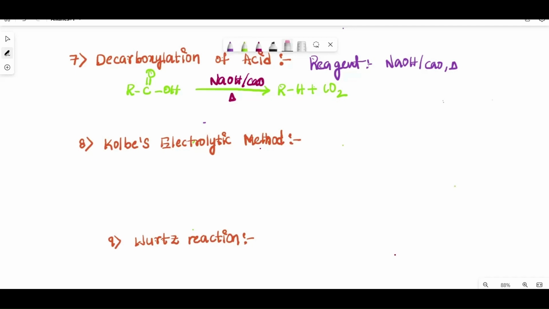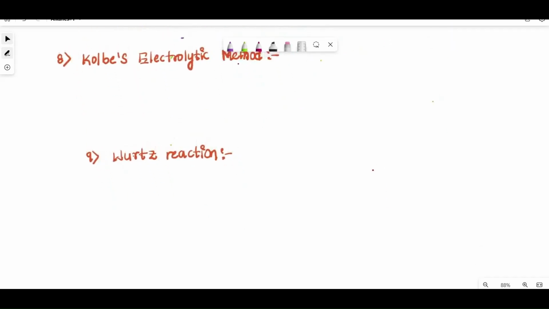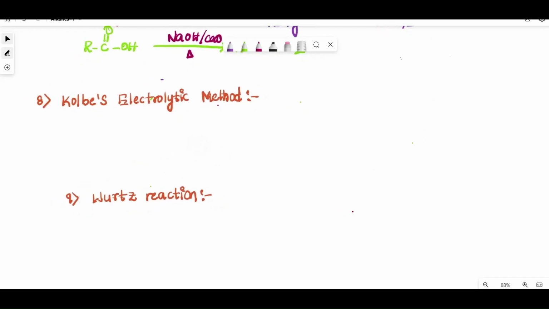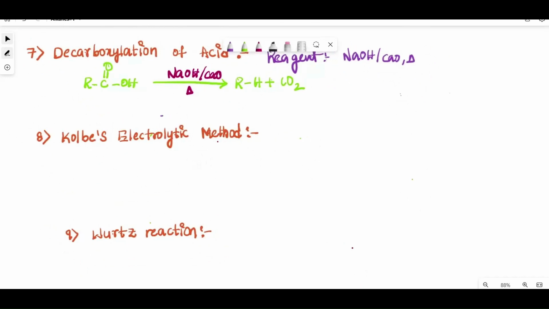Let's see another method. Eighth method is the electrolytic method. First, let's see the mechanism for decarboxylation of acid. It will be very simple. Let's see its mechanism here.